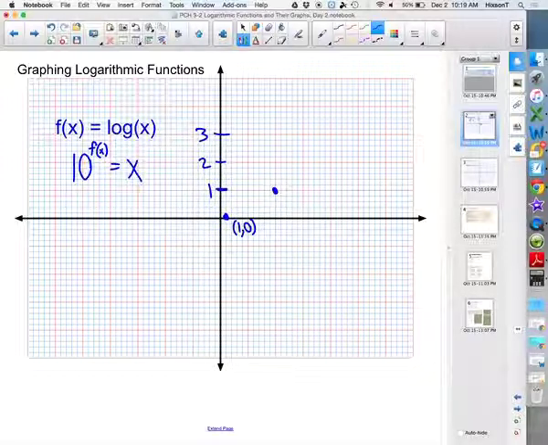If I plug in 1, I get 10, like we already saw here. If I plug in 2, I'm at 100. Okay, so I'm way off the graph now. That's why I changed the scale on my y-axis. Now, in order to draw this accurately, we need to recognize a couple of other things here. We need to identify what the domain and the range are.